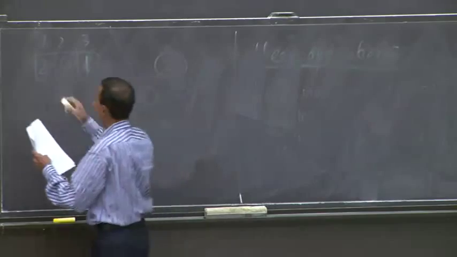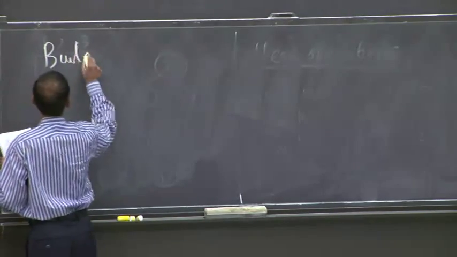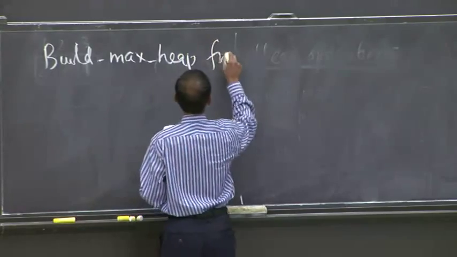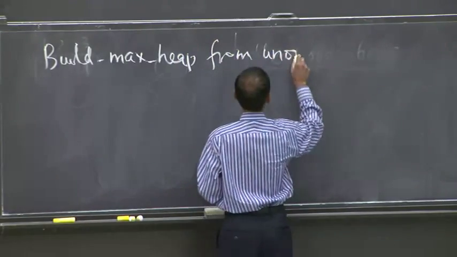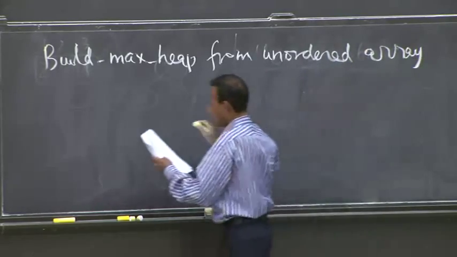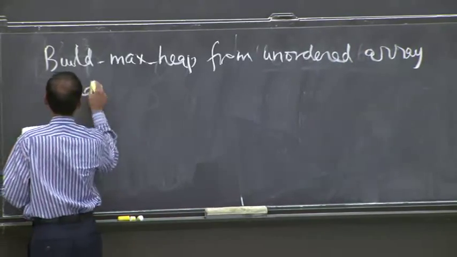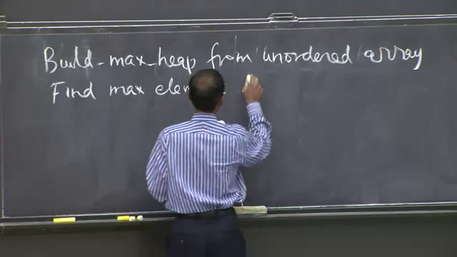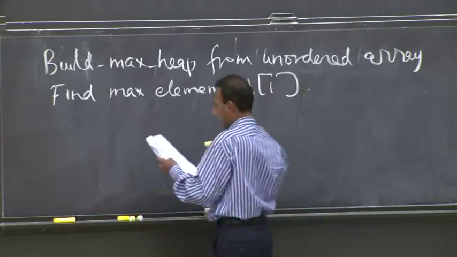And it looks like this. The first step that you do is you build max heap from the unordered array. Okay? Then you find the maximum element, A1. All of this I've said multiple times.